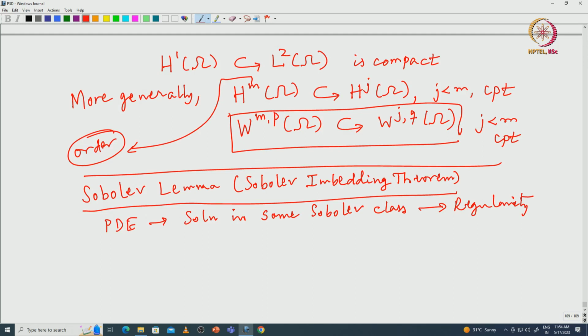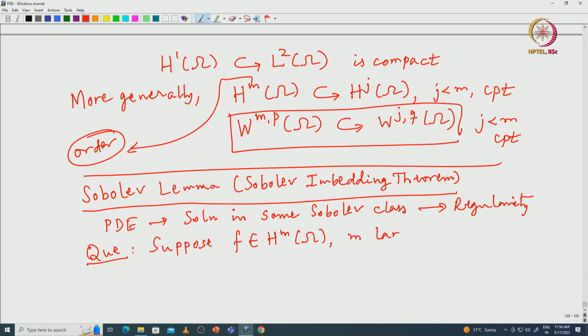So, now the natural question is, if a function belongs to Hm for m large, is it going to be continuous? That is the question. So, suppose f belongs to Hm omega, m large.